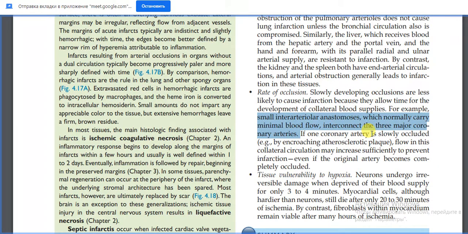So blood flow interconnects the three major coronary arteries. If one coronary artery is slowly occluded, for example by encroaching atherosclerotic plaque, flow with this collateral circulation may increase sufficiently to prevent infarction, even if the original artery becomes completely occluded.